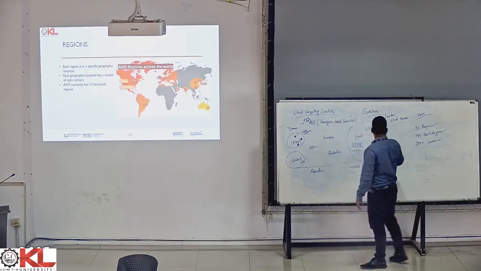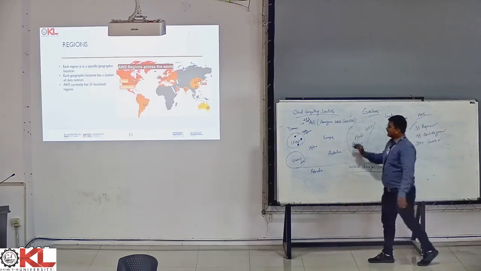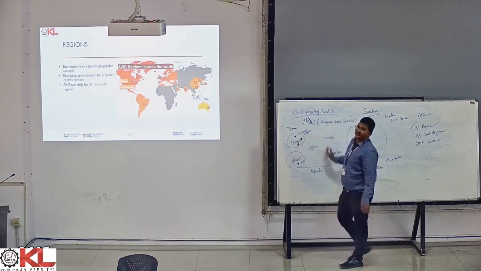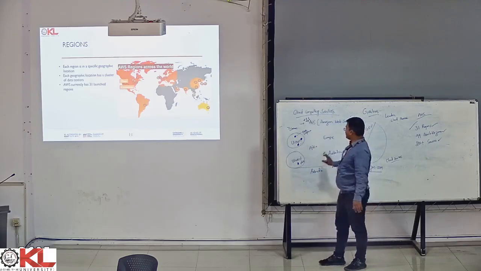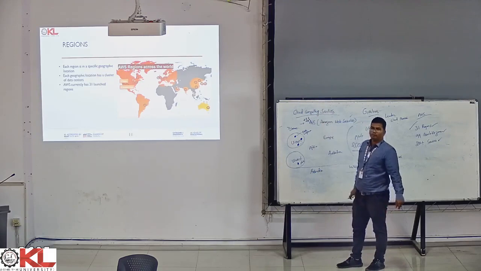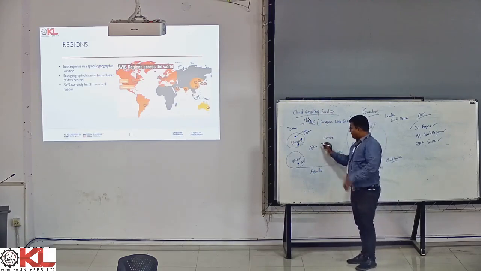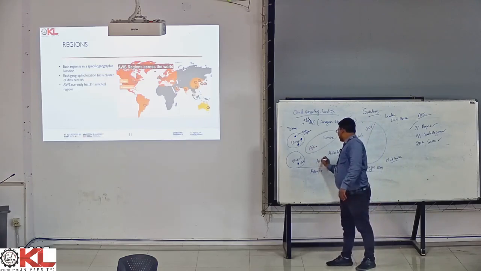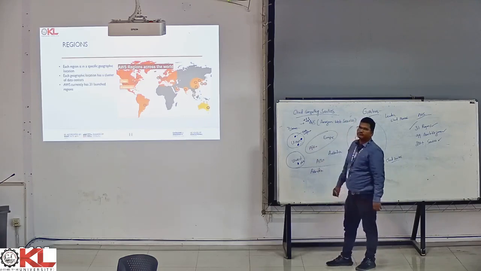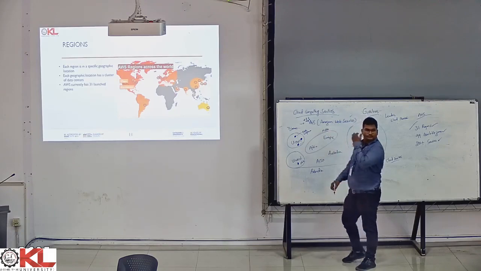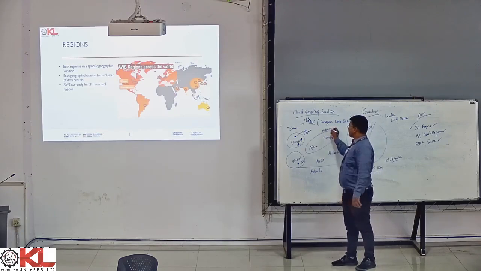I told you, there are 31 regions spread across these 6 continents in the world map. That's why I'm explaining here. If you see the slides, you can see the world map. In this, Africa and Europe together, and the 6th one, Asia, together will be working as the Middle East.